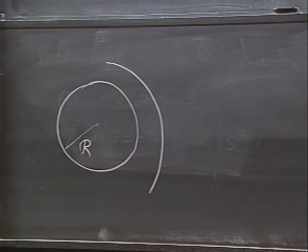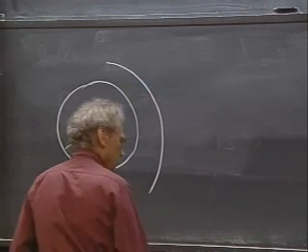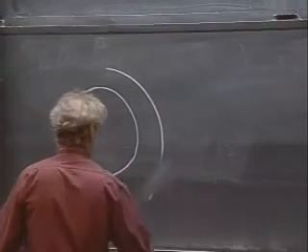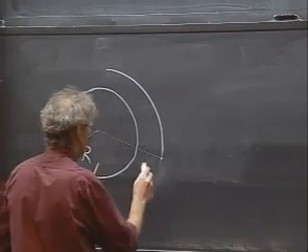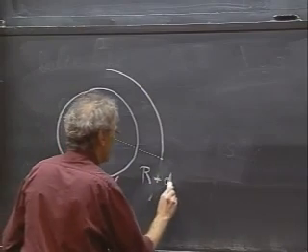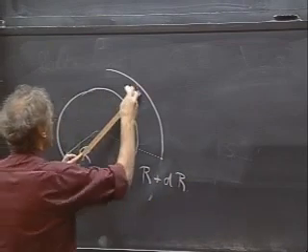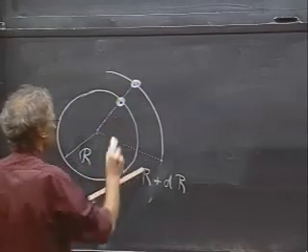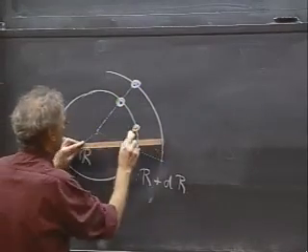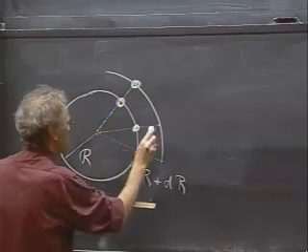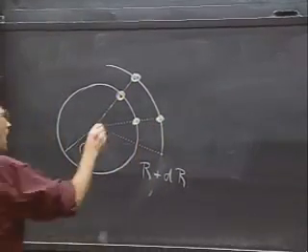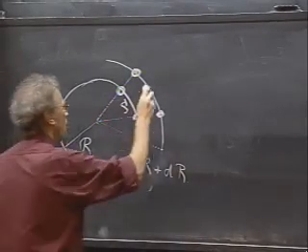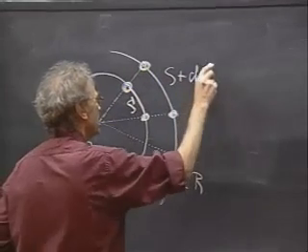And so the radius of that balloon next year is r plus dr. So this radius is r plus dr. And here is a galaxy, which tomorrow is here. And here is a galaxy, which tomorrow is there. And the distance between these galaxies I call s, but tomorrow the distance is s plus ds.